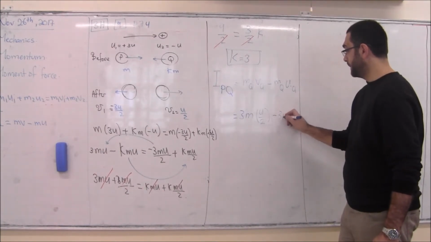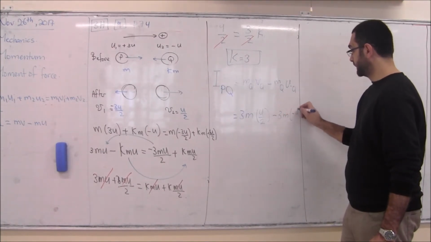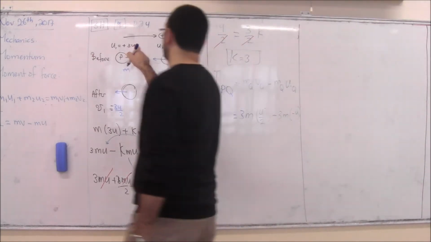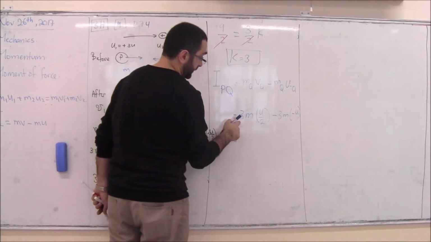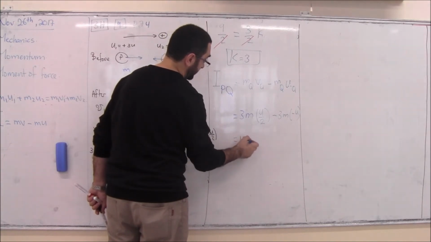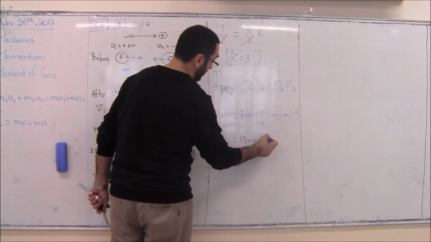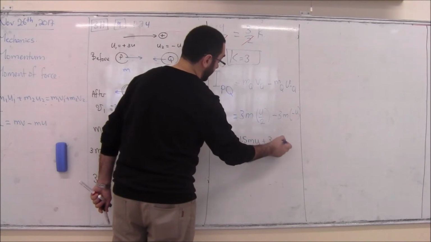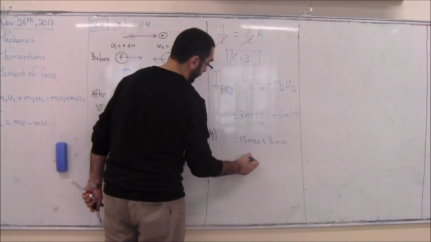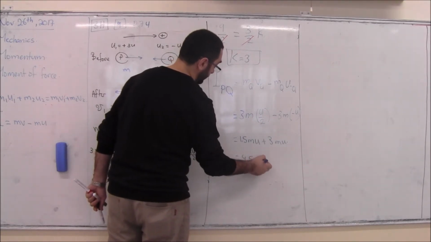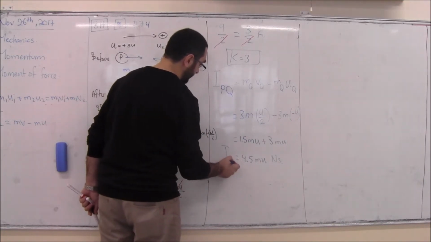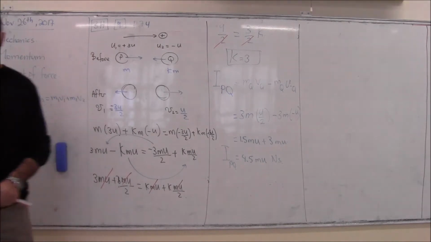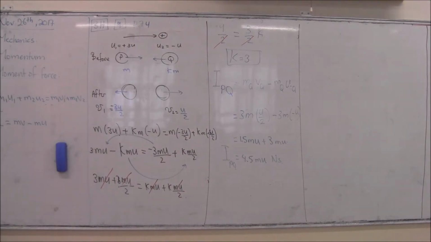Minus 3M negative U, right? 1.5 minus 3MU gives 1.5 MU plus 3MU, right? 4.5 MU Newton seconds. This is the impulse. This is what? The impulse. Clear?